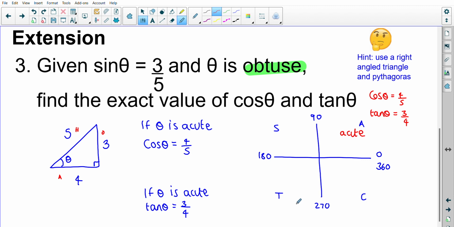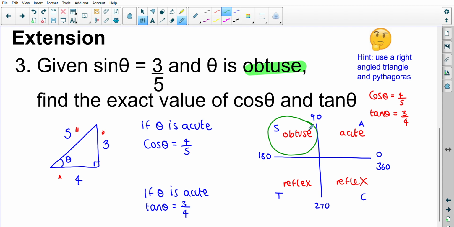In the second quadrant, angles 90 to 180, they're obtuse. In the third quadrant, angles greater than 180, we've got reflex, and we've also got reflex angles there. So the section we're interested in is the obtuse section, where the angle is obtuse.